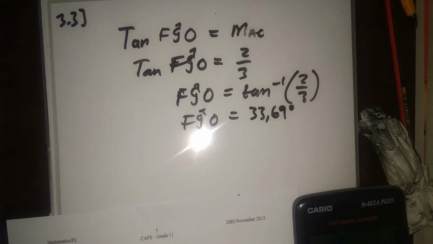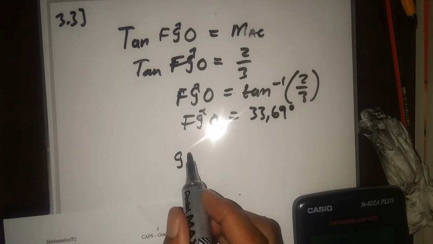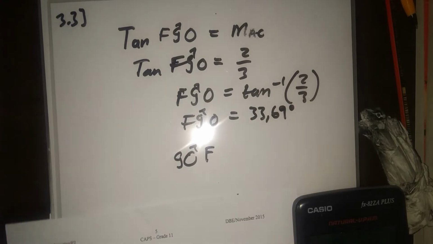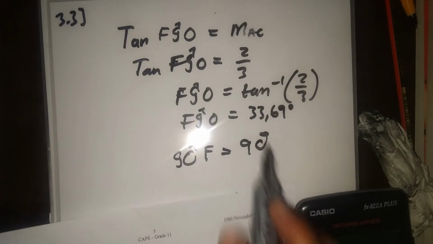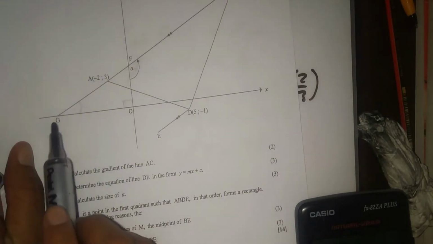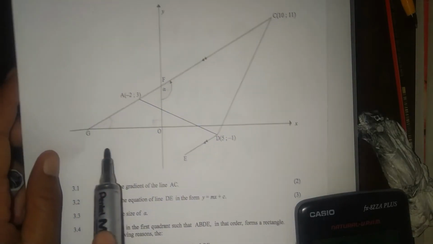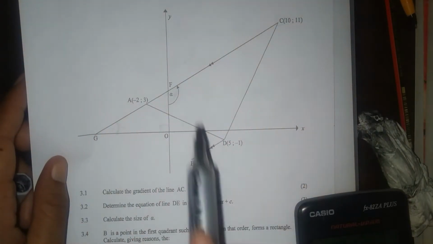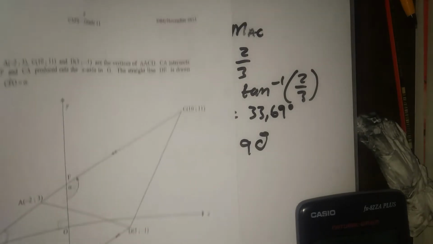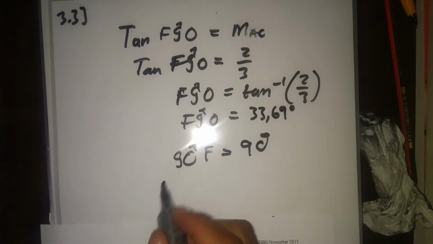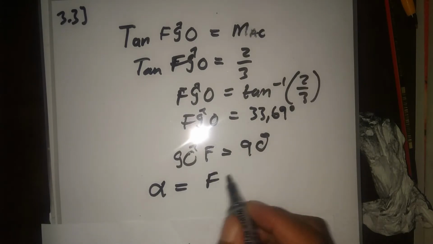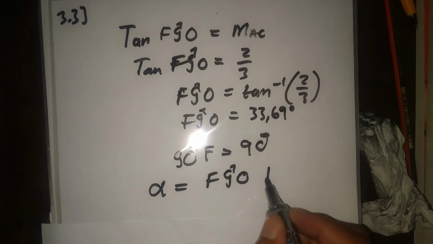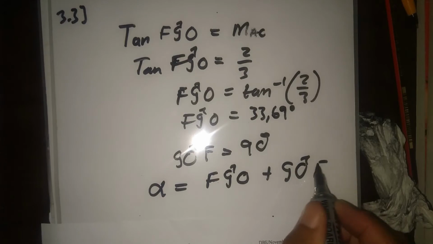And angle GOF is what? It's 90 degrees. This angle GOF is what? It's 90 degrees. So therefore, alpha is equal to FGO plus GOF.